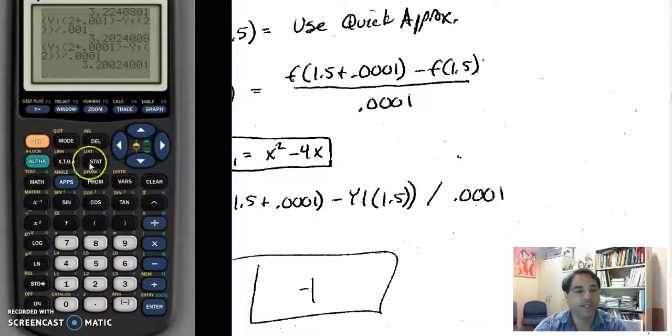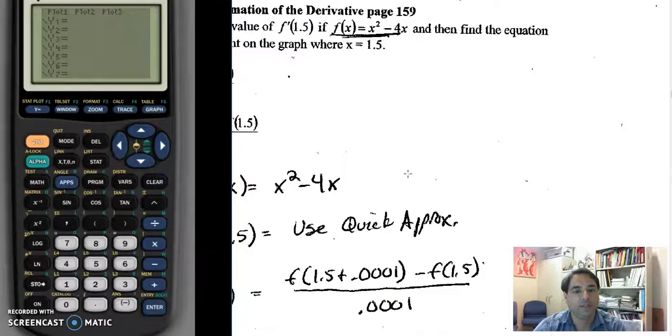I'm going to go to the calculator, one last practice, clear out, go to y equals, we have a new function. Remember our function is x squared minus 4x. Go to second mode, parenthesis, vars, y vars, function, y1.